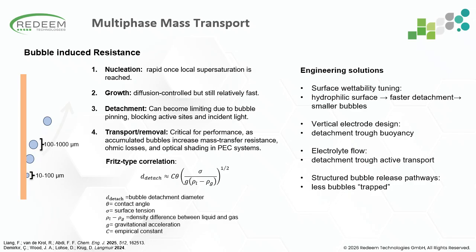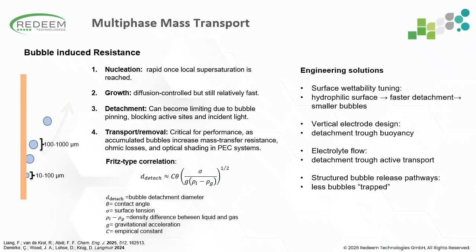And finally, the bubbles have to be transported away from the electrodes. If they accumulate, they can increase the mass transfer resistance, increase ohmic losses, and reduce the effective reaction area here. And there are several engineering strategies that can promote early bubble removal. The surface wettability can be tuned to reduce the detachment diameter.